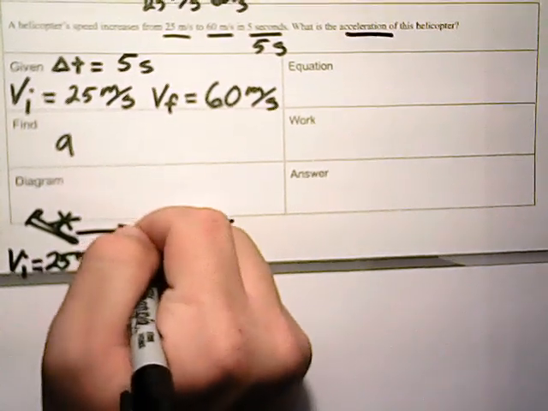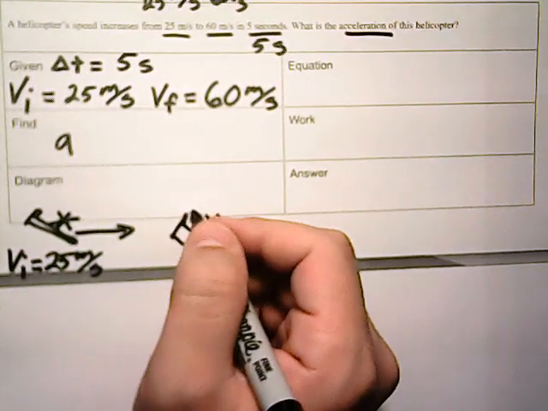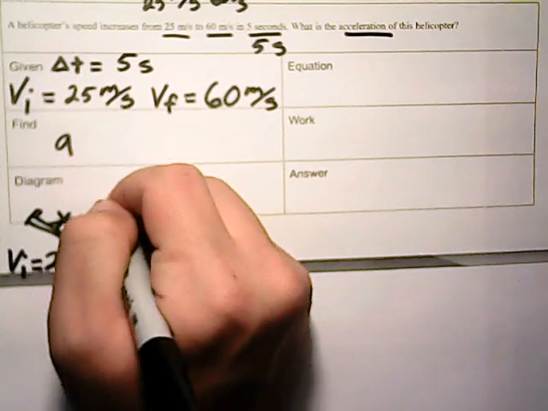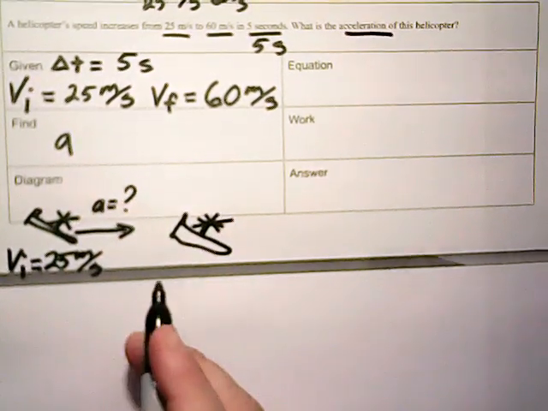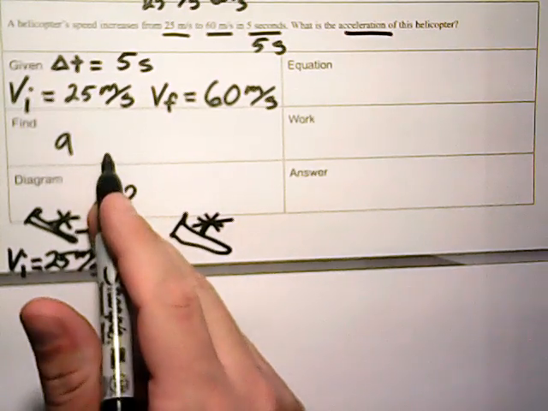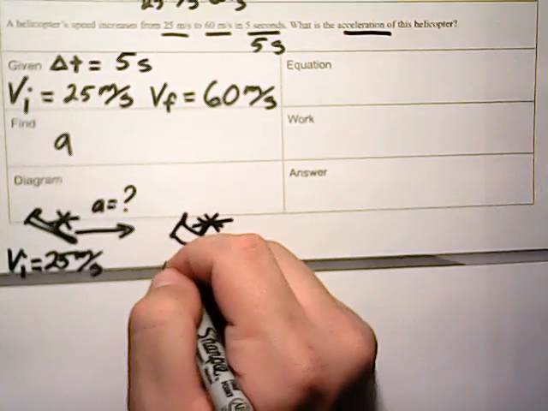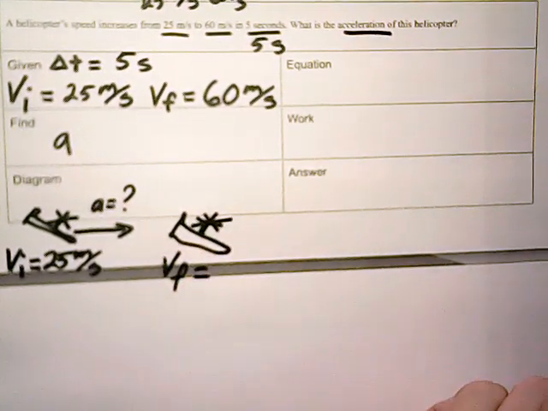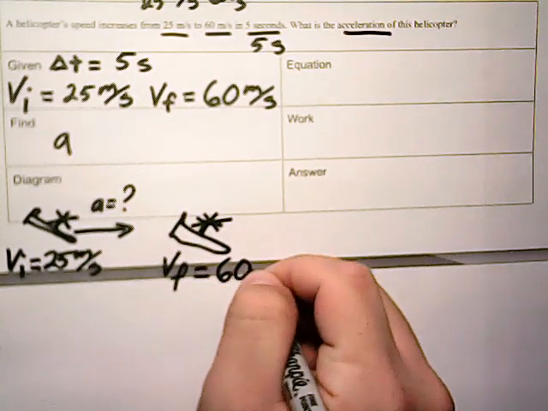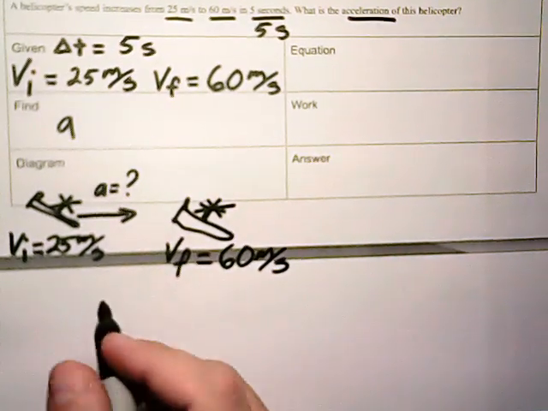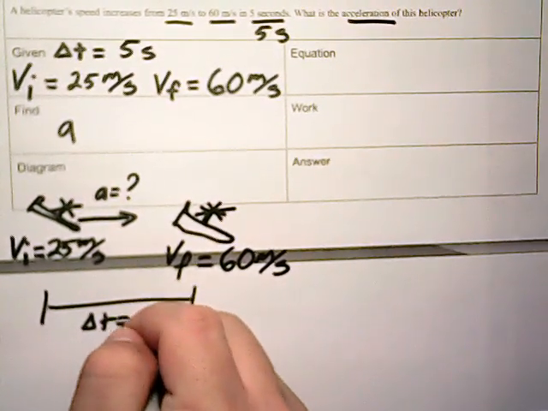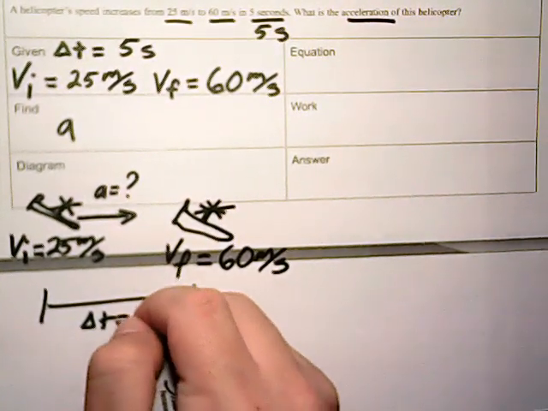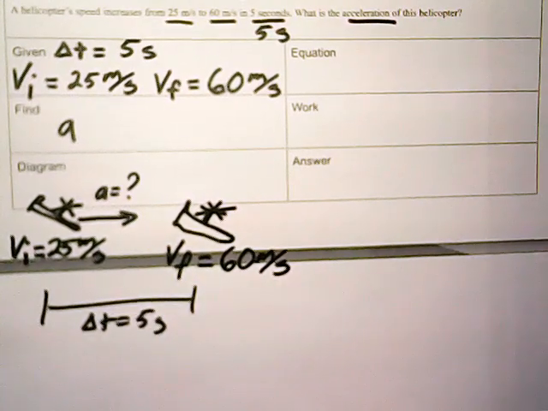We know it's accelerating forward because it's starting to speed up. It says the speed increases. So A is our unknown. We don't know what the acceleration is. That's what we're trying to find. Our final velocity is 60 meters per second, and the change between these two is our delta t, our change in time, which is 5 seconds.